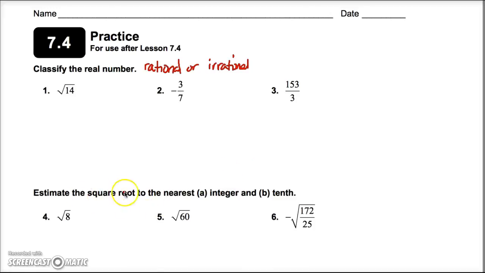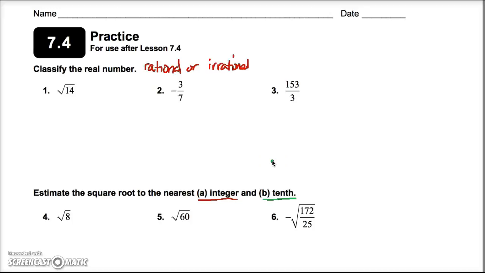For 4, 5, and 6, it says estimate the square root. So this you could use your calculator to help you out with. But you're going to do it in two parts. You're going to estimate it to the nearest integer, so the nearest whole number, basically. And then for the second part, you're going to estimate it to the nearest tenth. And remember, that's one number past your decimal point.